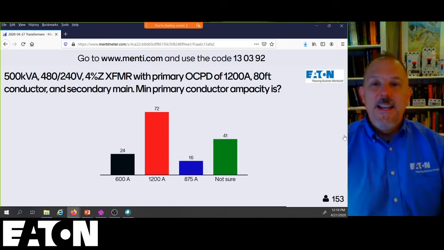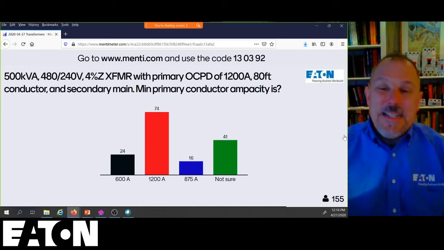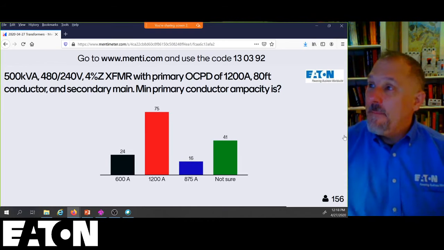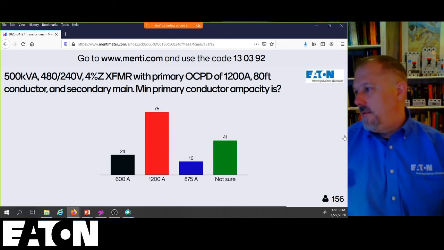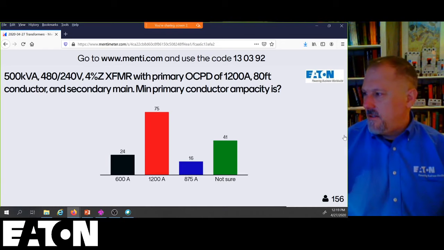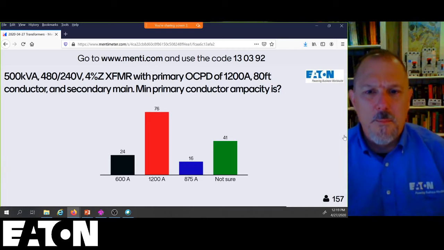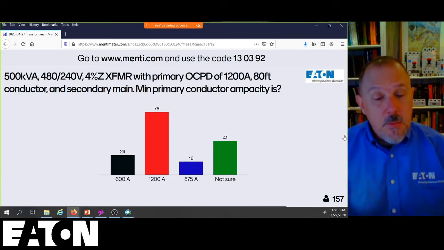conductor ampacity. I was in a class one time, and I had like 86 people in the class, and I put this question up. Everybody took, I think the 600, I can't remember which one of those numbers is the full load amps times 1.25, and that's what they all picked.